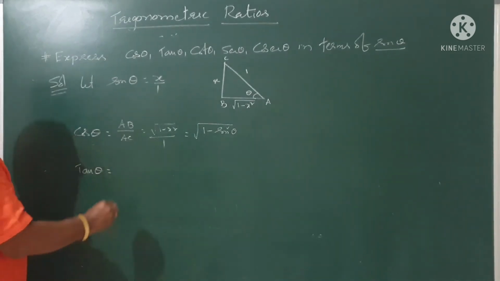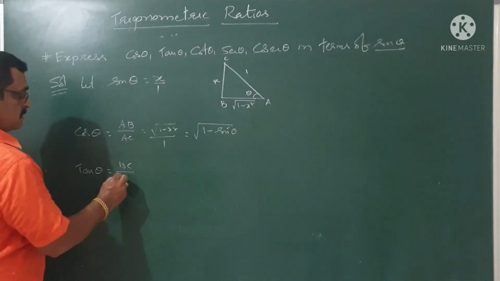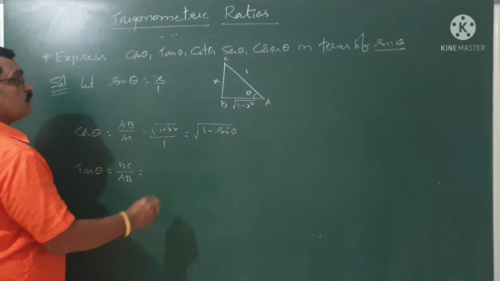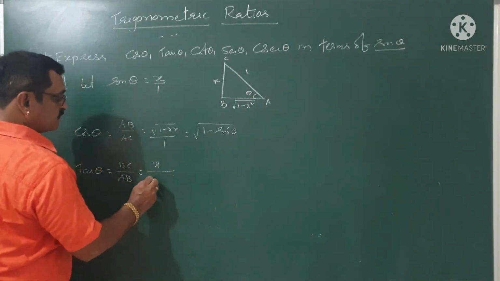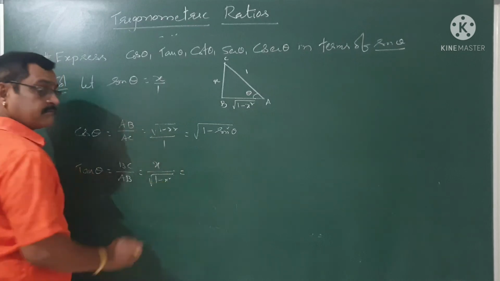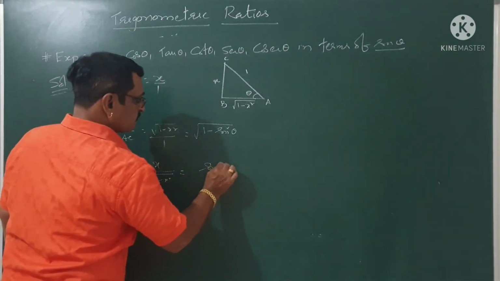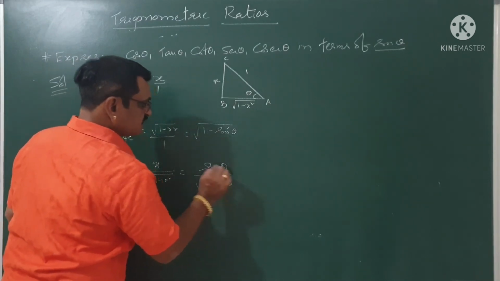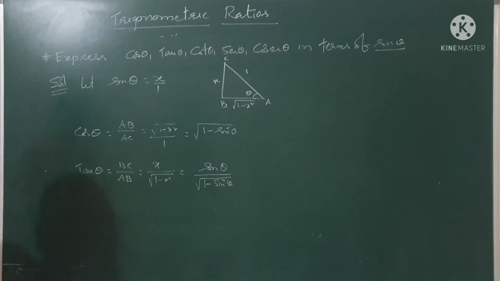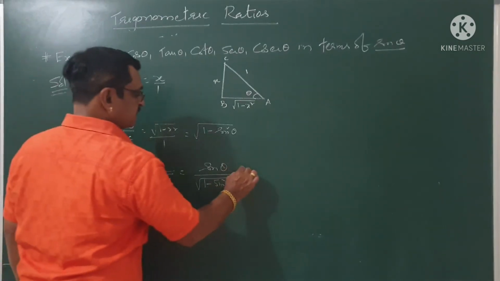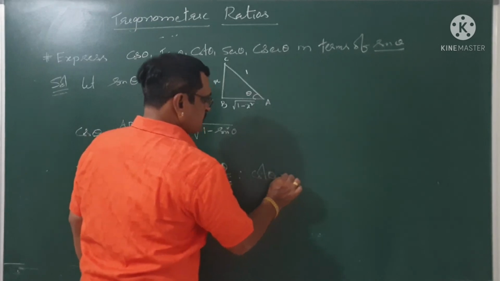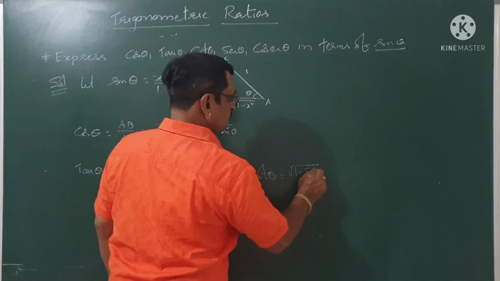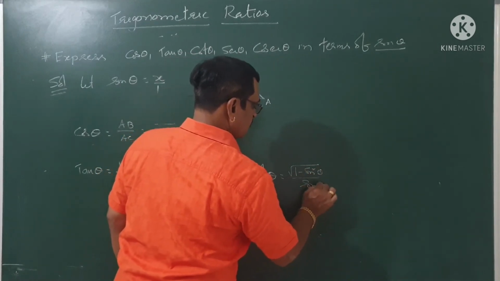Tan theta is equal to opposite side by adjacent side, BC by AB, which is x over the square root of 1 minus x square. This is the same as sin theta over the square root of 1 minus sin square theta. Next, cot theta is the reverse of this: the square root of 1 minus sin square theta over sin theta.